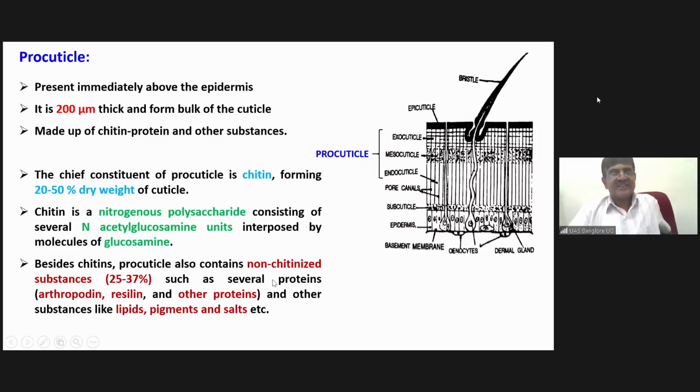Apart from proteins, they may also consist of lipids, pigments, and salts. So what is the composition of procuticle? Procuticle has chitin and non-chitinous materials like arthropodin, resilin, lipids, pigments, and salts.